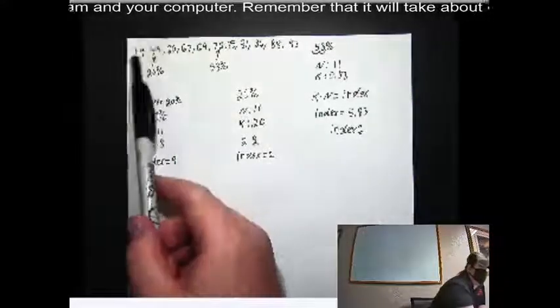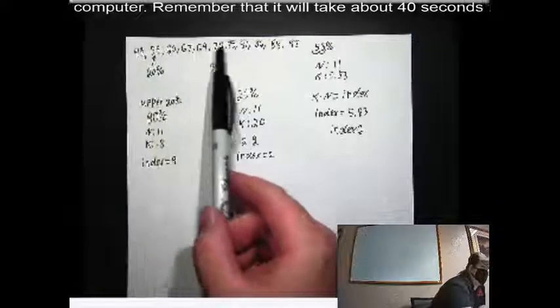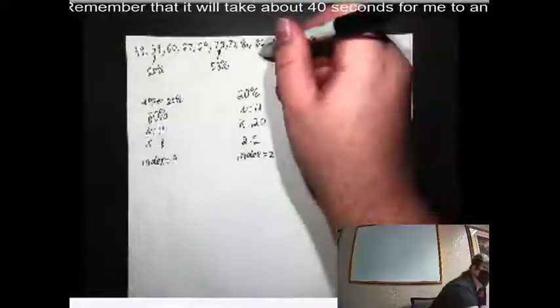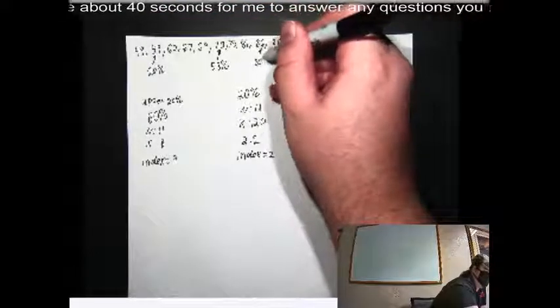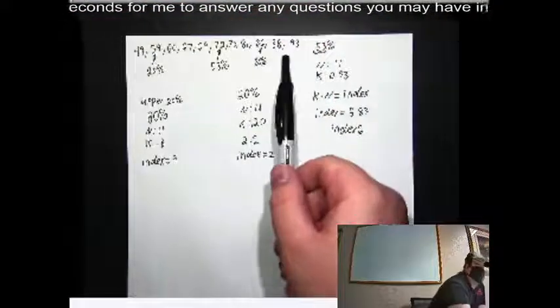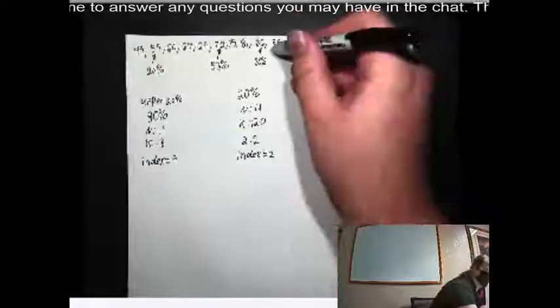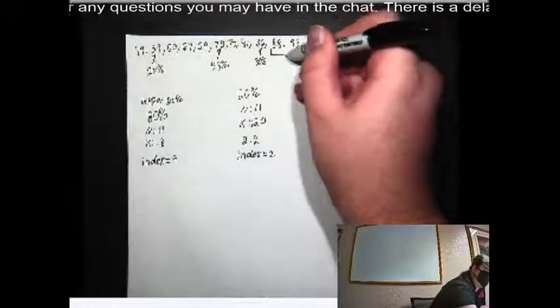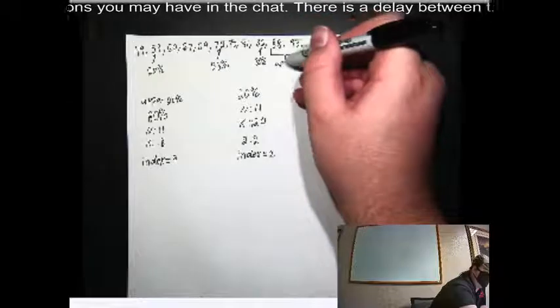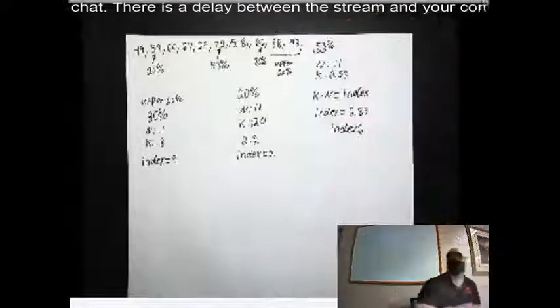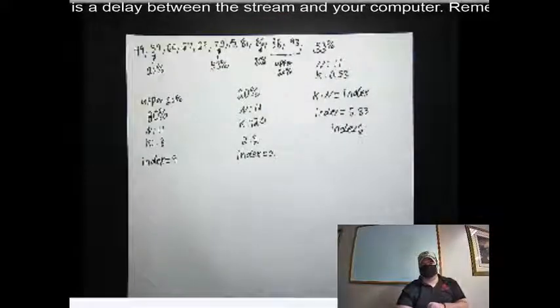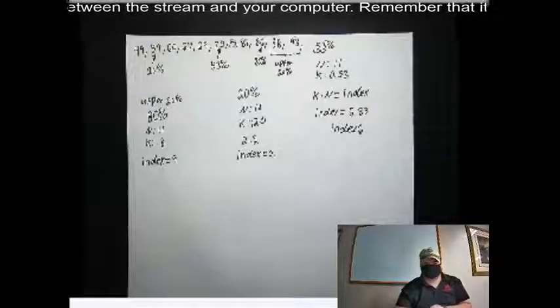So we need to go 9 steps. 1, 2, 3, 4, 5, 6, 7, 8, 9. So this is the 80%. Anything above it is the upper 20%. So these represent the upper 20%. Does that make sense? Good. All right.